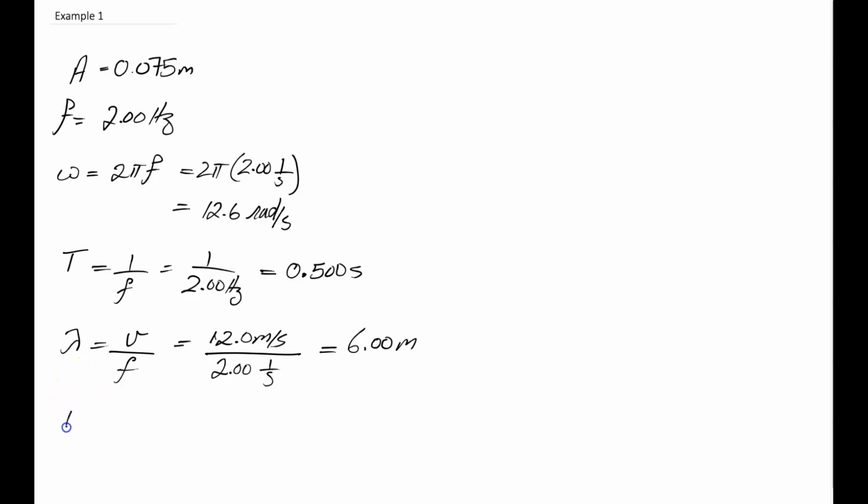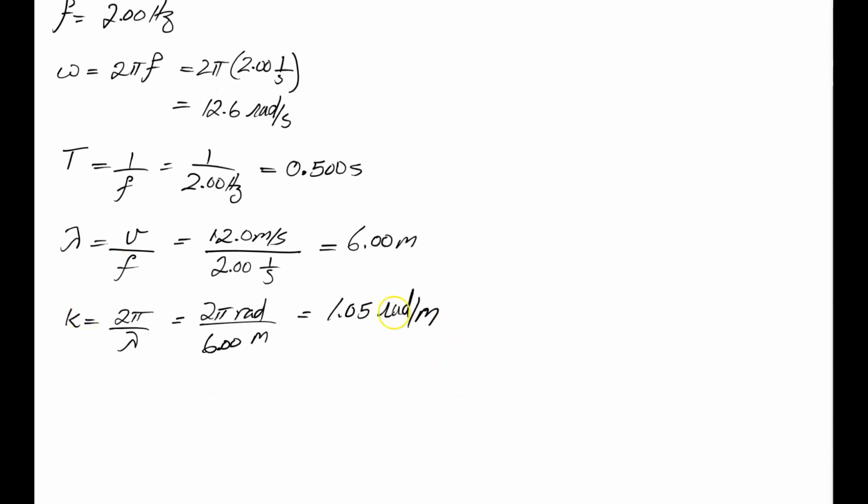and the wave number k is given by 2 pi over the wavelength, which is 2 pi radians over 6 meters, which is 1.05 radians per meter. We can find the wave number also by doing the equation omega over v.